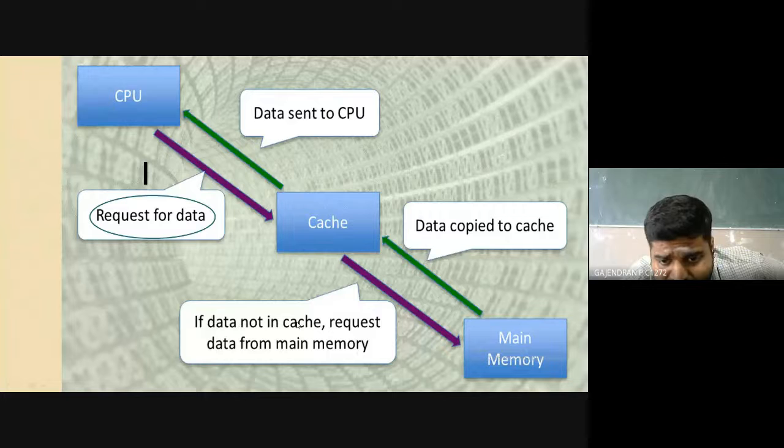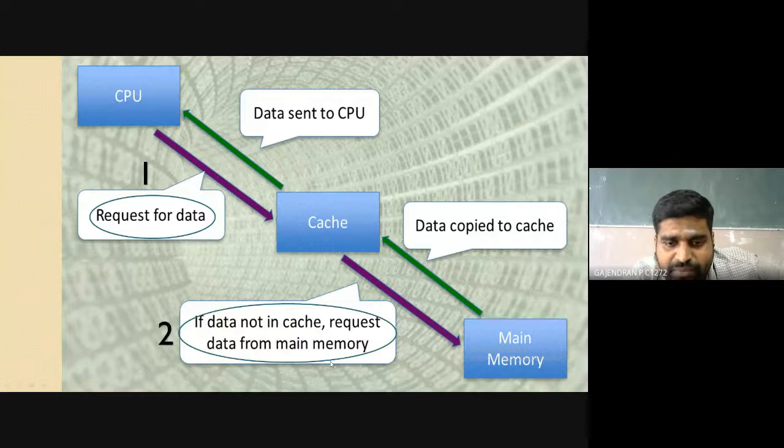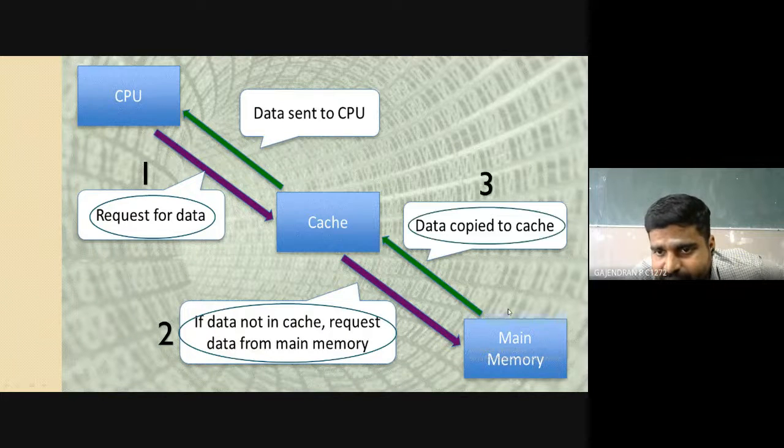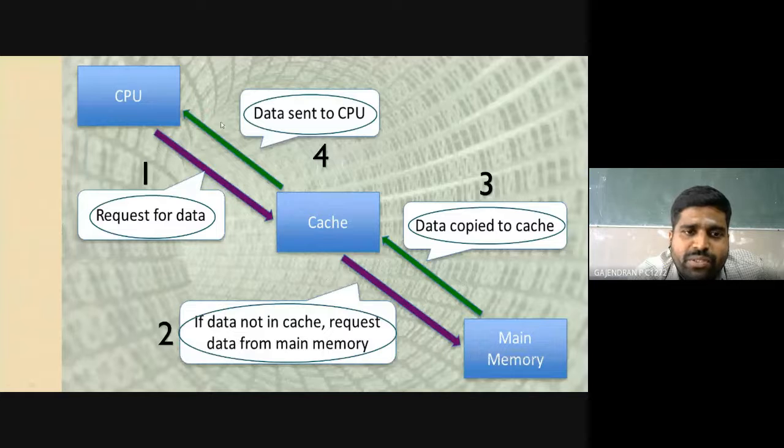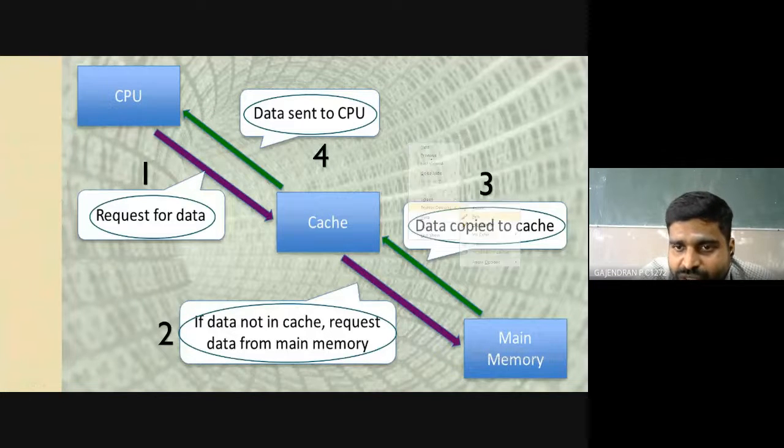If data is not in cache, request data from main memory. That is the second task. Then main memory will do the copy action. It will copy the information to the cache. Then the cache will send the information to the CPU. Thereby the cycle gets over. This is the first cycle.